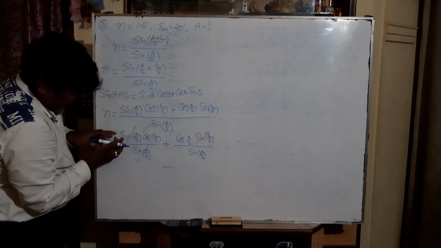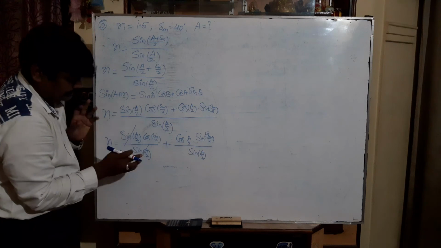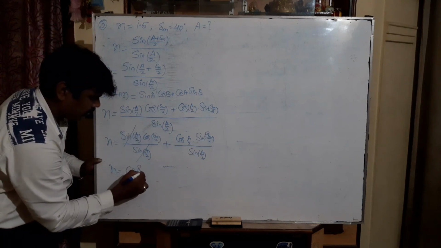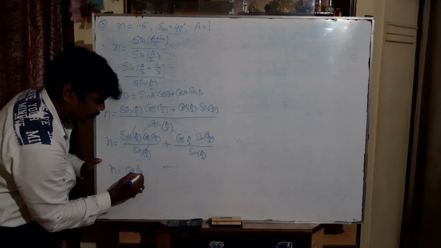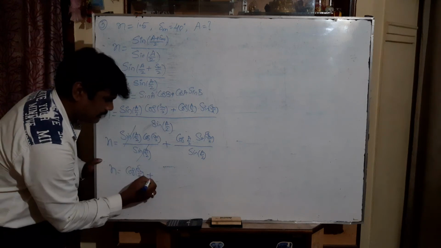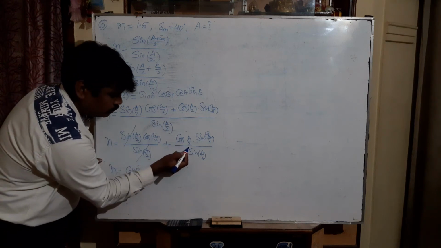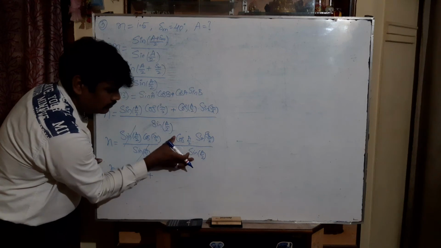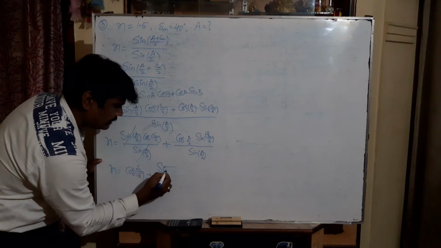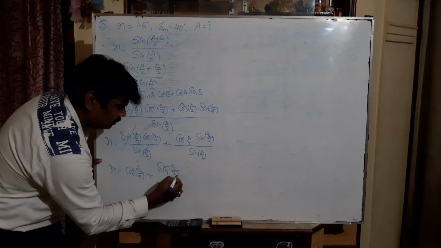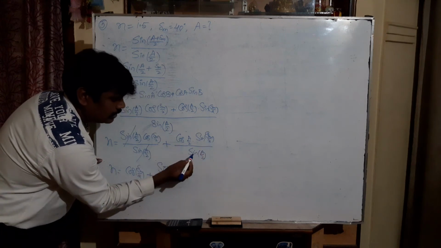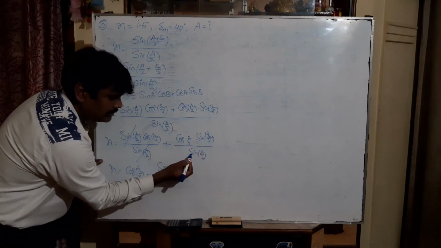In the first part, sine A by 2 gets cancelled. The remaining term is n is equal to cos delta m by 2 plus cos A by 2 over sine A by 2, which is cot. The reciprocal of cot is tan. So I keep sine delta m by 2 as it is, no changes, but cos by sin is cot, and the reciprocal of cot is tan.